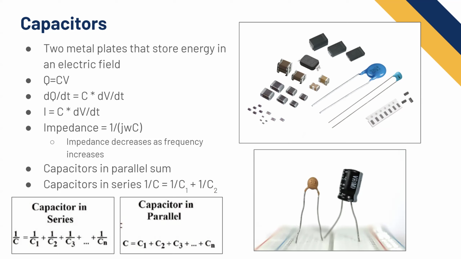And so how you sum them, it's the opposite of resistors. Capacitors in parallel will sum because if you draw out the circuit of two capacitors in parallel, imagine you slowly push those circuit components more and more together, and the nodes at the top and bottom come more and more together, right?